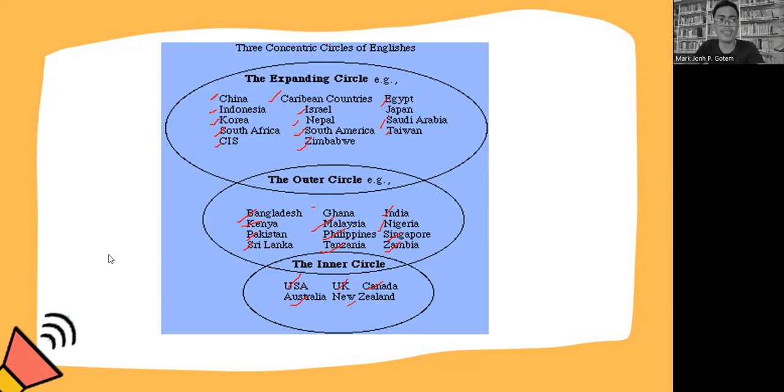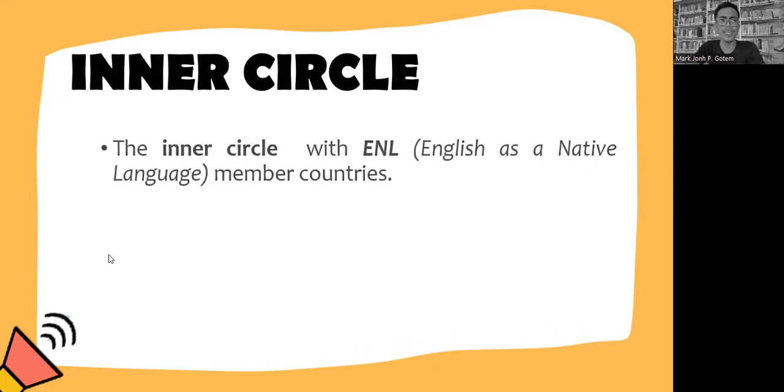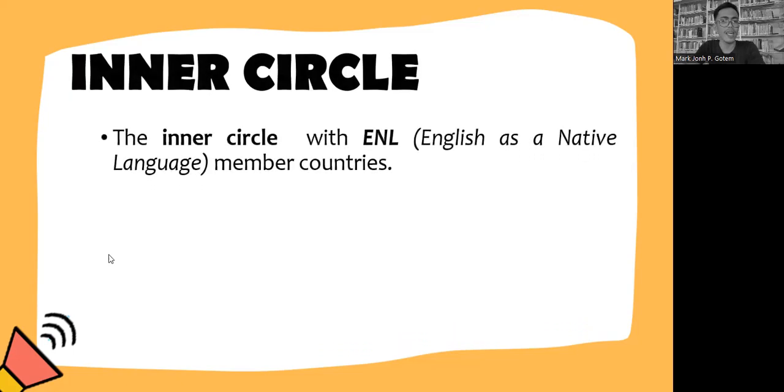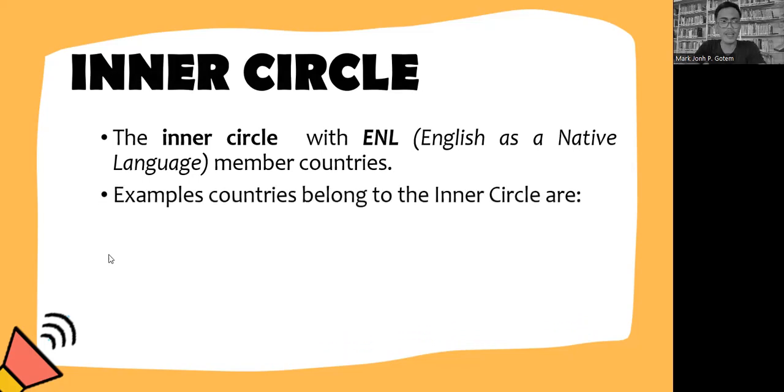Okay, atong i-discuss each concentric circle. Start with the inner circle. The inner circle is ENL, which stands for English as a native language member countries. Example countries are USA, UK, Australia, Canada, and New Zealand.